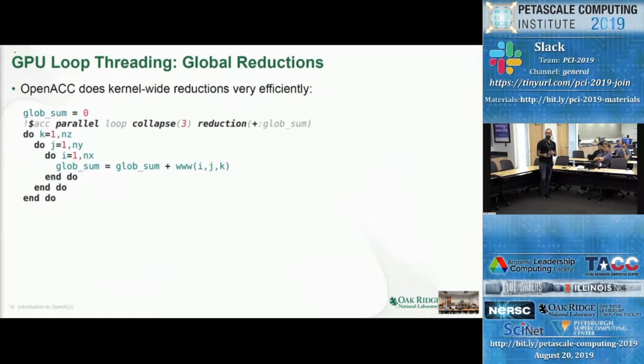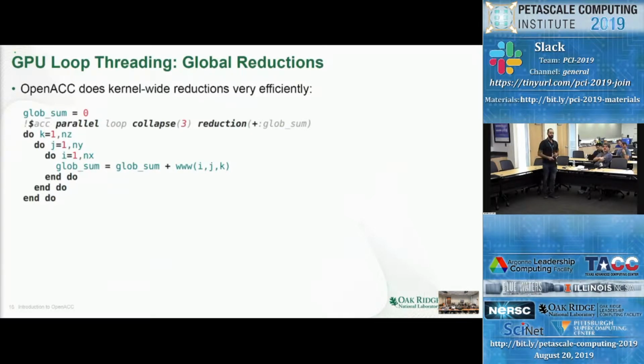So what is a reduction? A reduction is when you are reducing the contents of a large array to a single scalar value. Usually this is a sum, a min, or a max, which are the most common reductions that we have. This is the syntax that you would use in this case for that race condition. This global sum is going to be accessed by every single one of the threads at the same time.